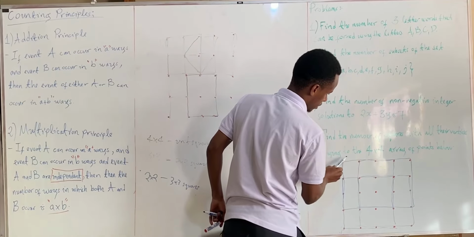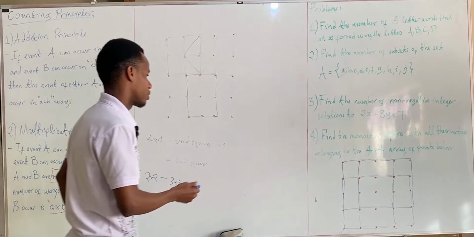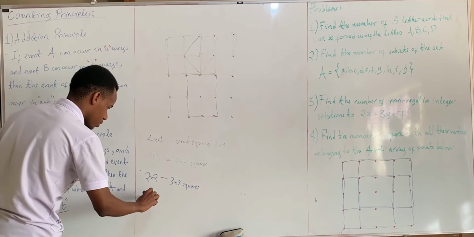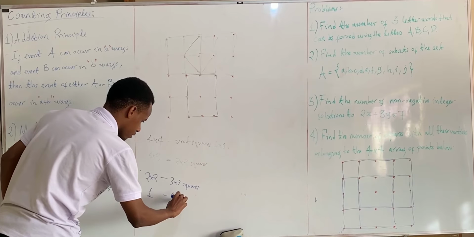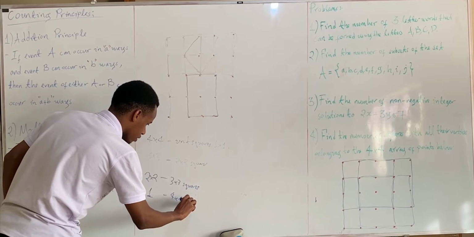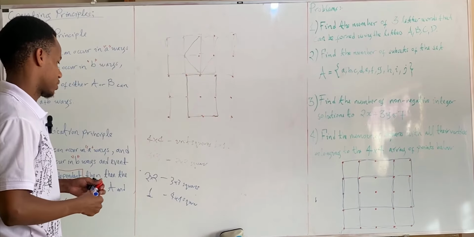So it will be the square that contains the corner points. So there will only be one 4 by 4 square whose sides are either vertical or horizontal.